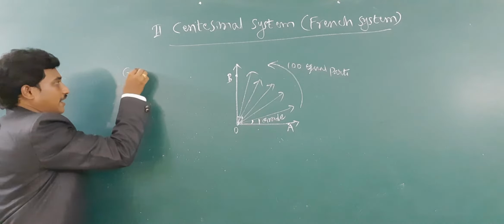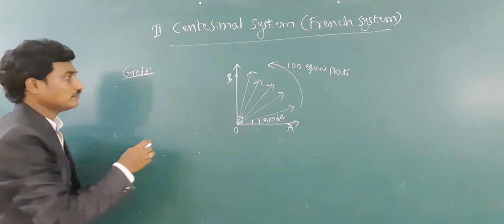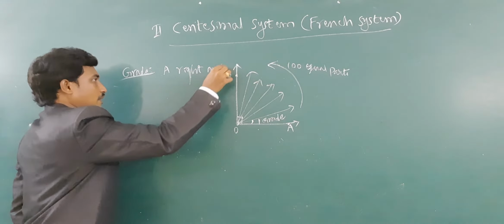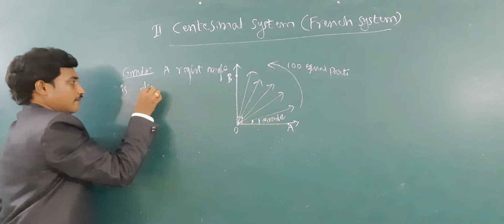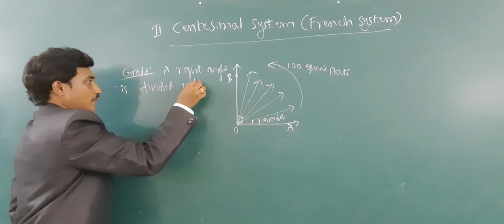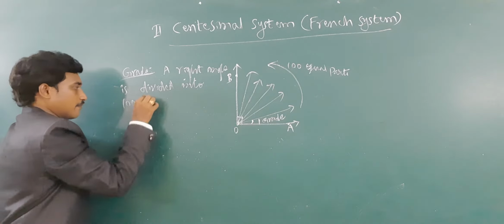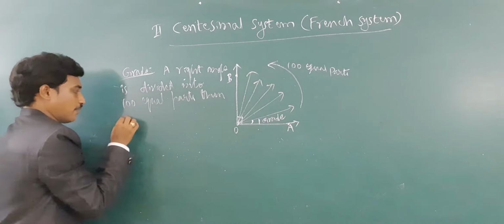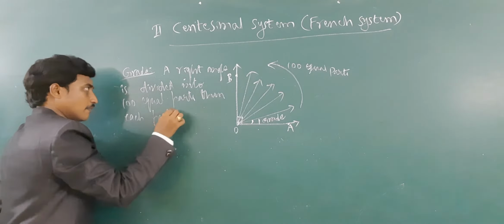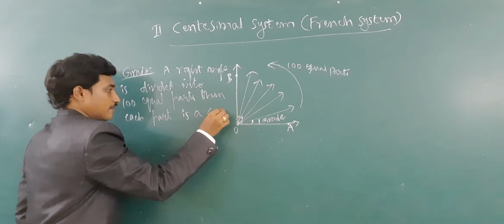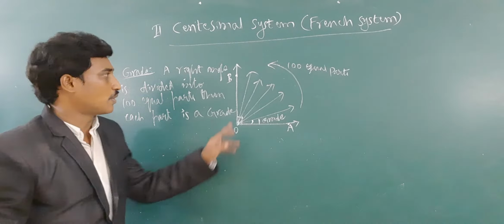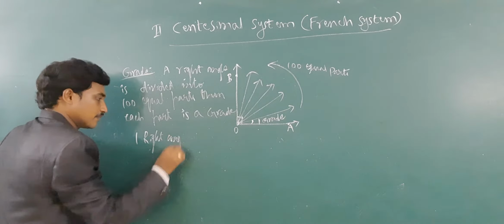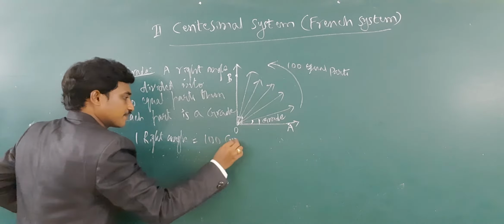So a grade we can define as: a right angle is divided into 100 equal parts, then each part is a grade. So one right angle is equal to 100 grades.